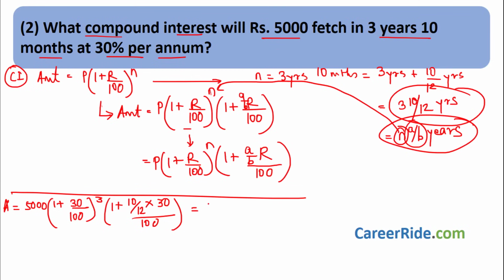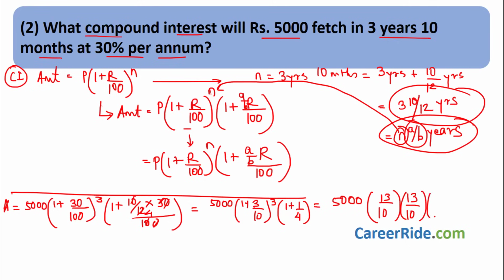How much do we get? We get 5,000 into (1 + 3/10) cube multiplied by, the 10 and 10 get cancelled, 3 by 4s, so 1 + 1/4. That would be 5,000 into 13/10 multiplied by 13/10 by 13/10, because it is a cube, multiplied by 4 + 1, 5 by 4.